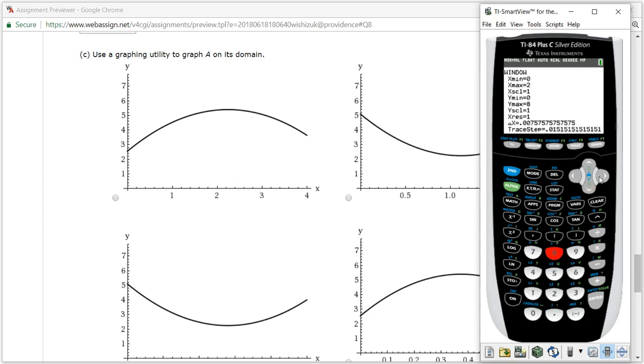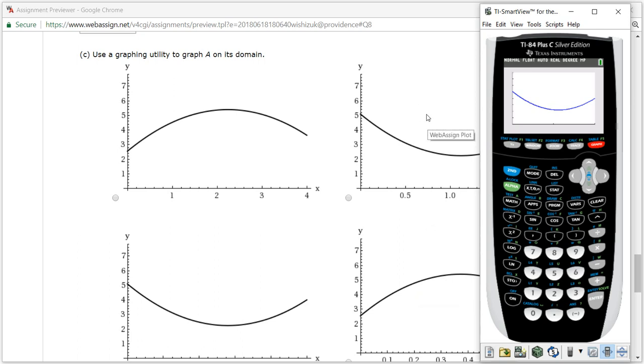Then I'm going to look at the graph here. This is the graph, and we can probably easily find the correct picture. The first one is definitely not, since it's concave down, and the fourth one is not the right one.